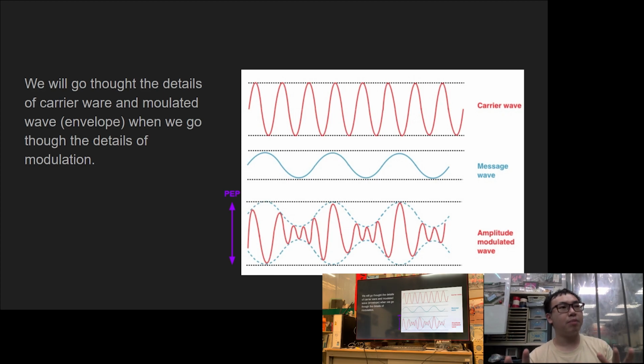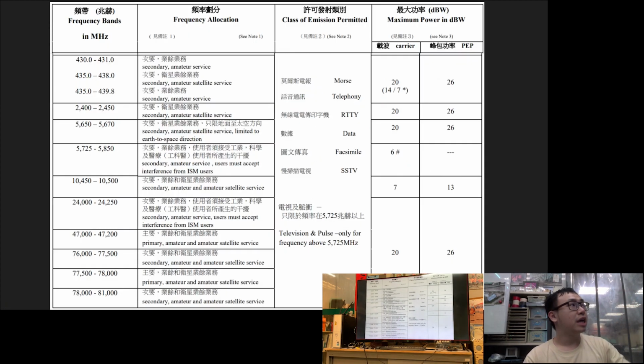The frequency may not change, but the amplitude will become very large, and it may easily be much greater than the PEP that the government allows. Yeah, that's why you have to measure your frequency from time to time, or you have to test your equipment before you do the communication. Yeah.